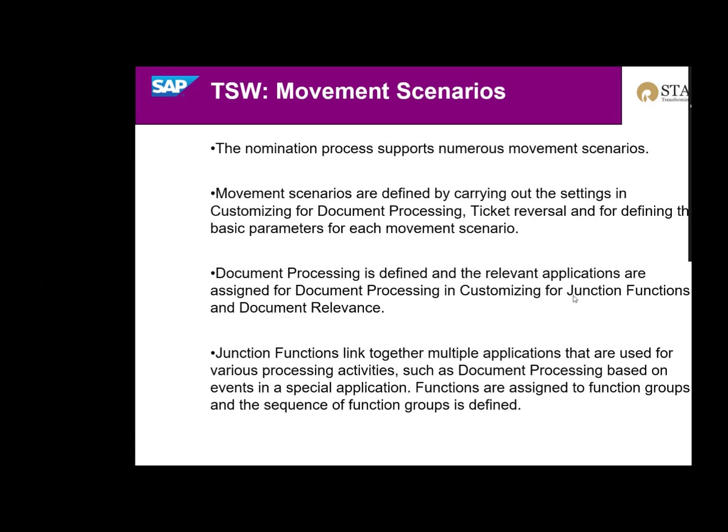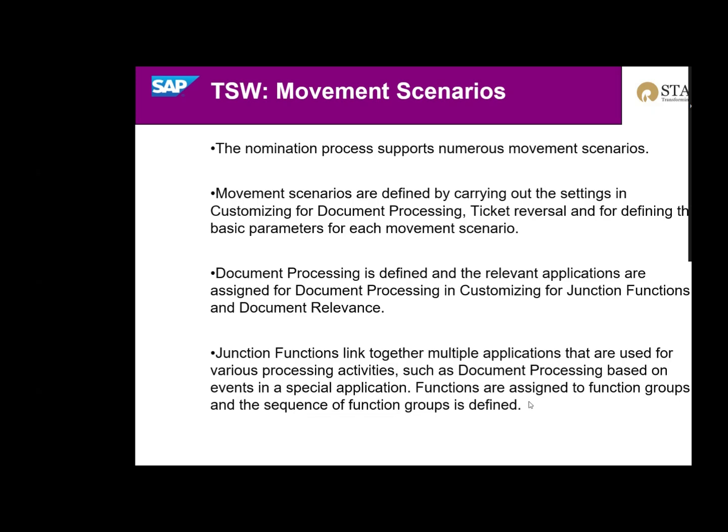Through this, we are doing this customizing for document processing. Junction functions link together multiple applications that are used for various activities such as document processing based on the events in a special application. Functions are assigned to function groups and the sequence of function groups is defined.